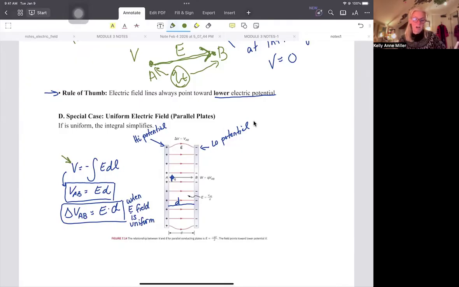It would basically be the opposite of this operation here, where we're integrating the electric field to get the potential.